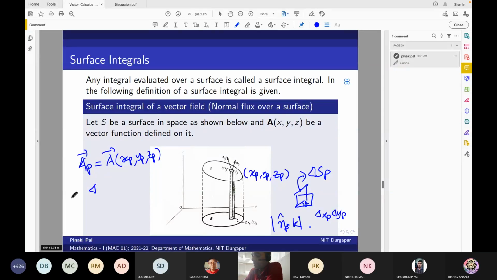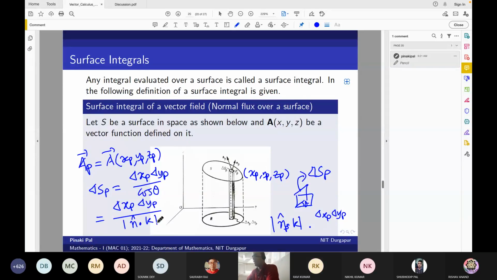So delta SP will be equal to delta XP delta YP divided by cos theta, and this is equal to delta XP delta YP divided by mod of NP dot K.